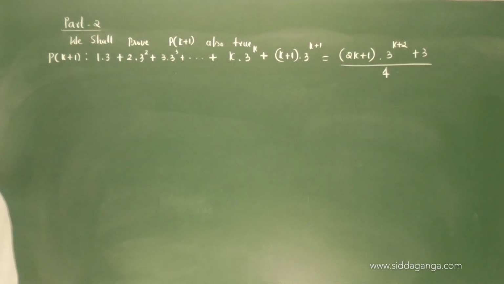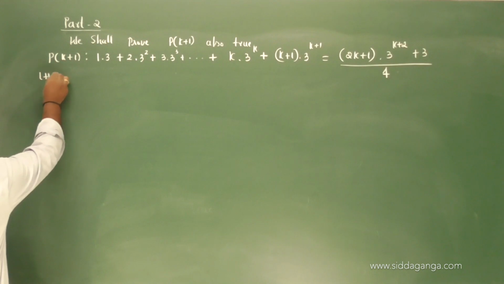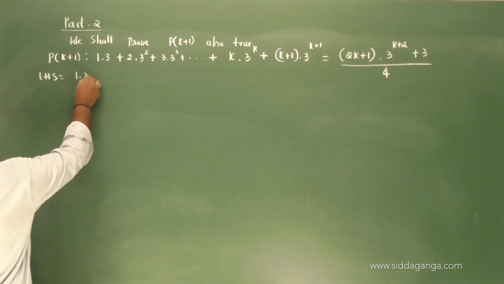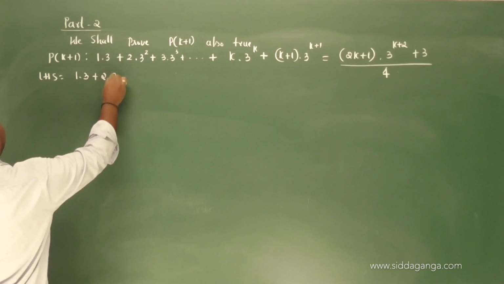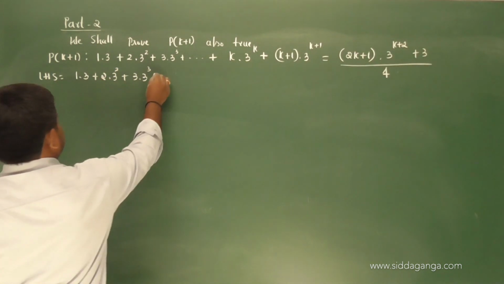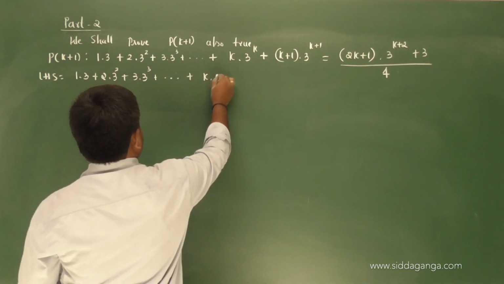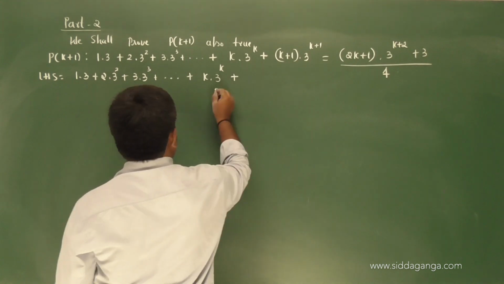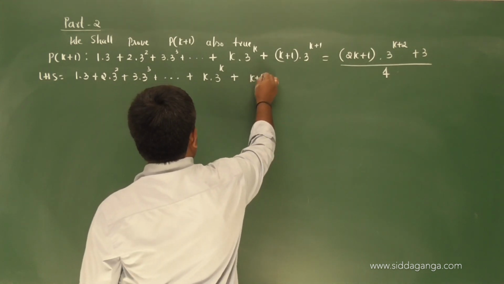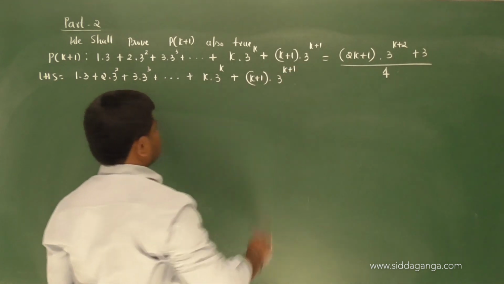Okay, so now LHS is 1 into 3 plus 2 into 3 square plus 3 into 3 cube plus k into 3 power of k plus the k plus 1th term, k plus 1 into 3 power of k plus 1. This is your LHS.